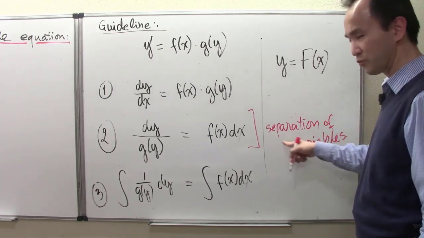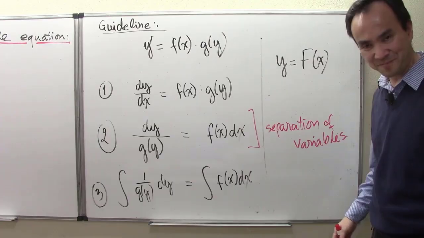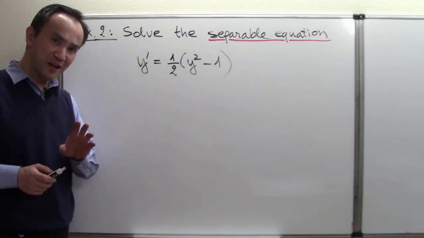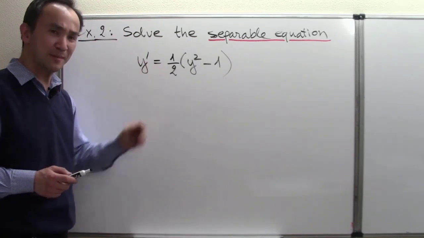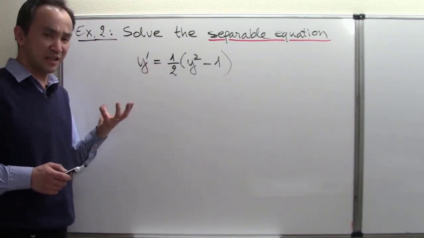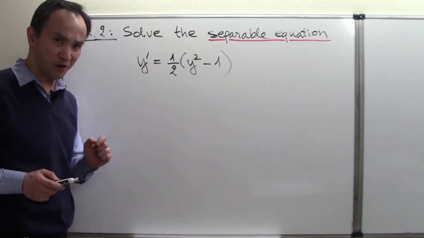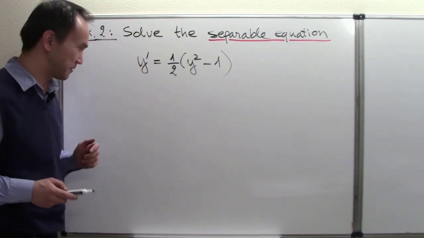That was the step where we did the separation of variables. Now, a little further and deeper insight about this example that I would like to point out before we close down this example 2.